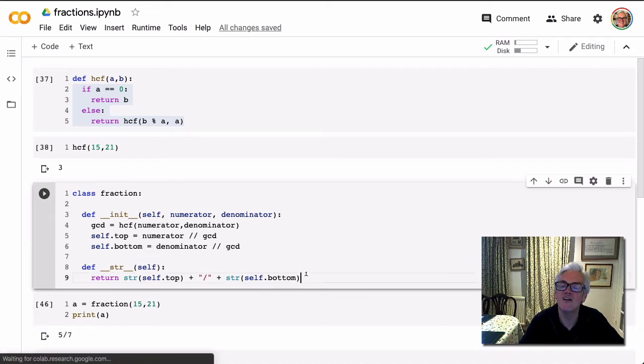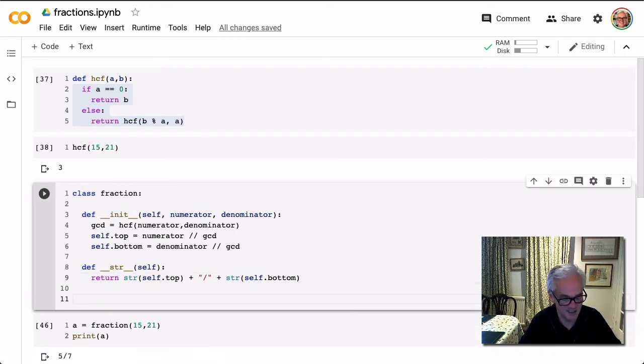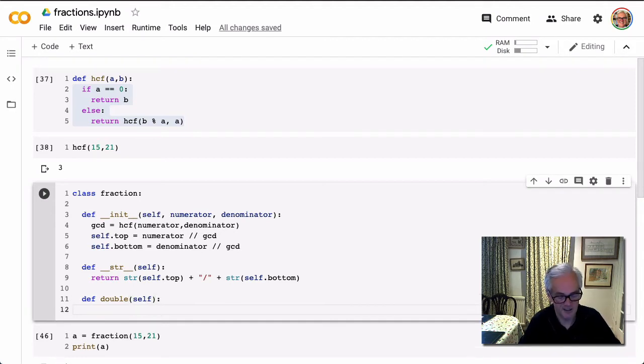We can define other methods of our own devising on this. So for instance, I can create a method which doubles my fraction. Think of this again as a function or a procedure. It takes whatever fraction it's given and doubles it. And this is going to return a new fraction.